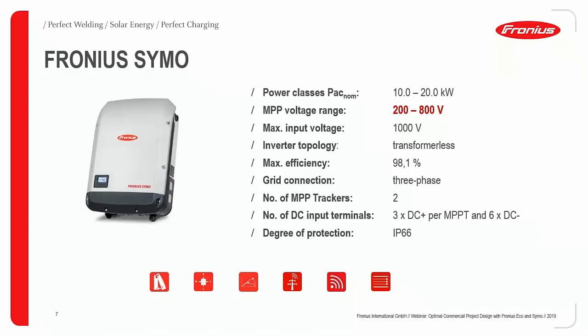Symo has 2 MPP trackers, so you can use this inverter where you have defined roof orientations in your commercial project. The Fronius Symo and Fronius Eco are both suitable for indoor and outdoor installation, because they come with the highest protection class, IP66, and both have the same housing, same mounting, and same monitoring system.